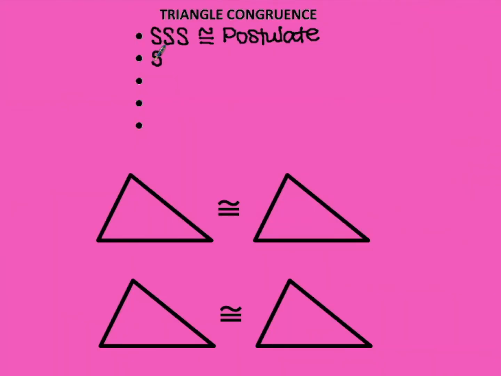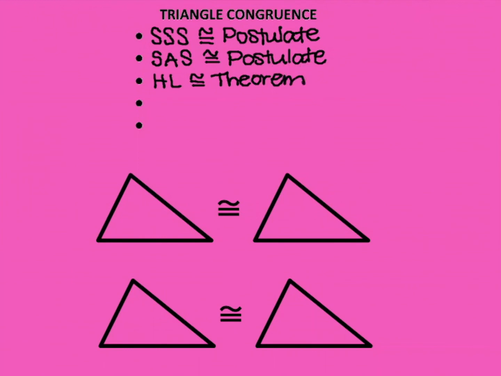It's update time. Side angle side congruence postulate. HL congruence theorem. And then if you flip over, let's label a diagram for each of those. Side angle side, we know that we're going to tick one set of sides.